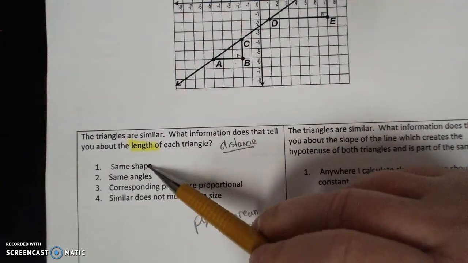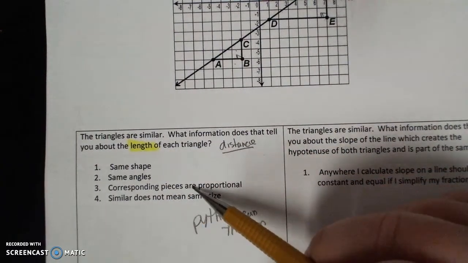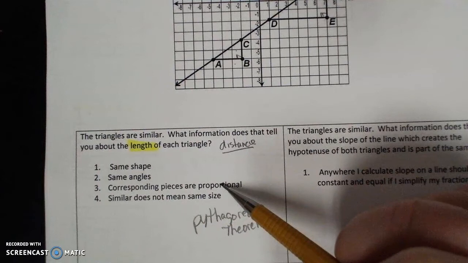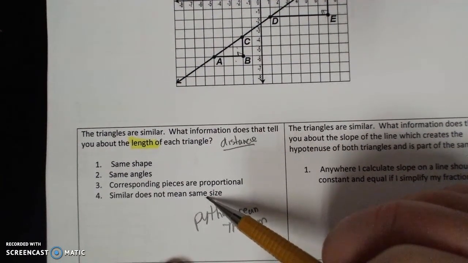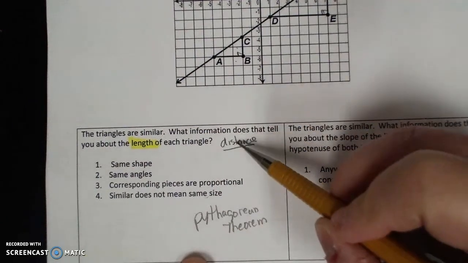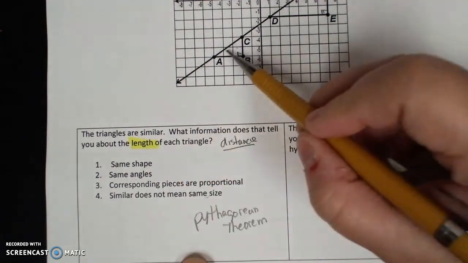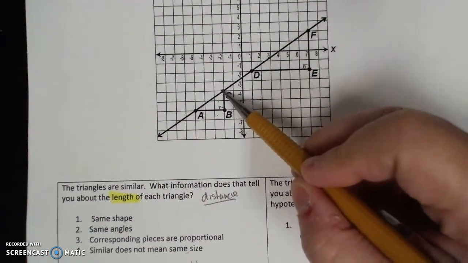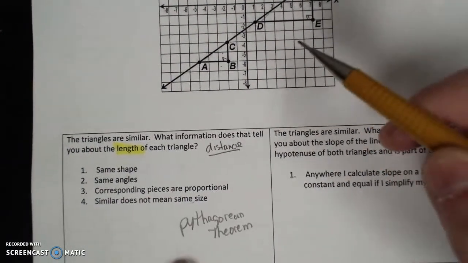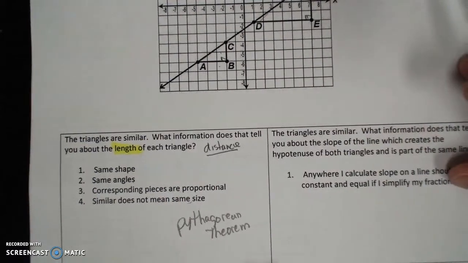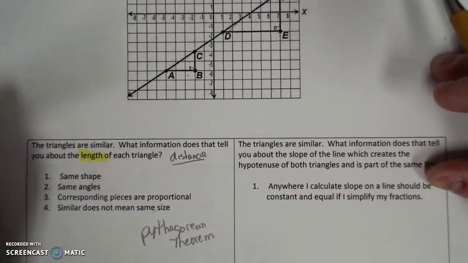Similar triangle says same shape, same angles, corresponding pieces are proportional. Similar does not mean same size. Okay? So if we're looking for distance and length, this is a different length than this. It's the word length or distance that'll tip you off that it's a Pythagorean theorem problem.